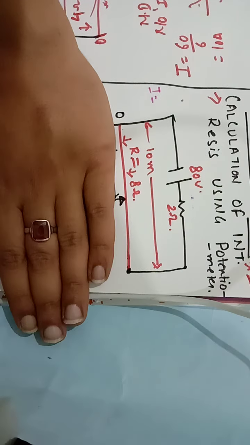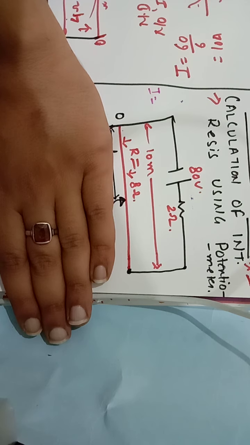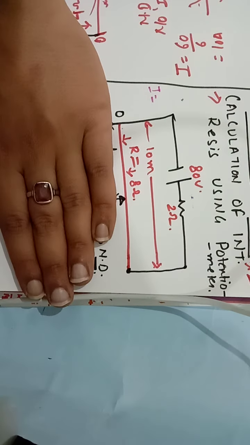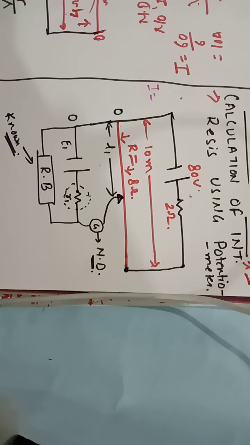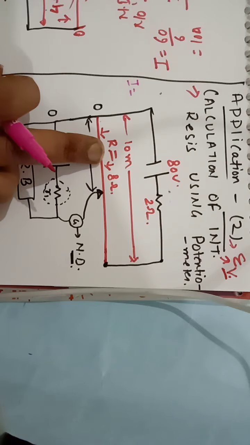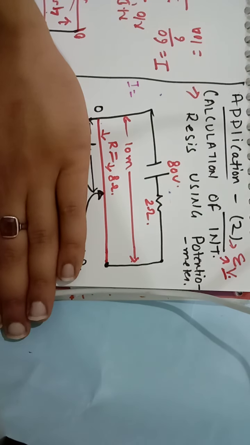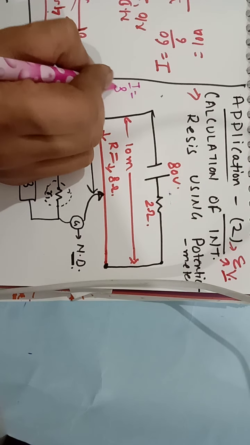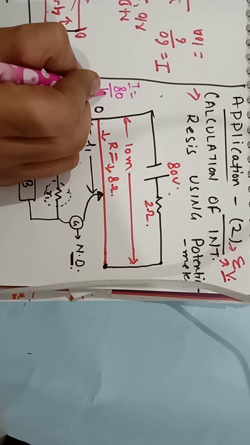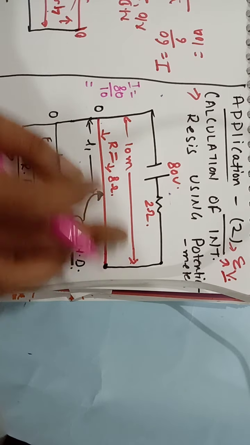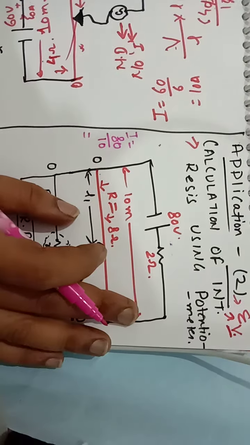We can ignore this other circuit, since on calculation we can ignore two circuits that are not directly linked to each other; they will not pose any change to each other. So forget about this. Total resistance is 10, overall voltage is 80, so it will be 80 by 10. Remember the trick.